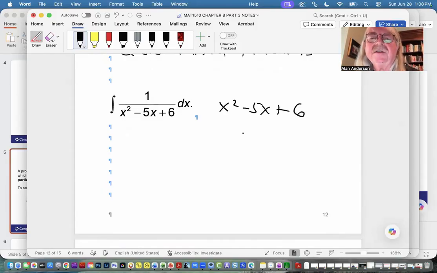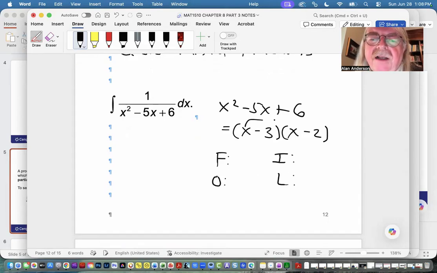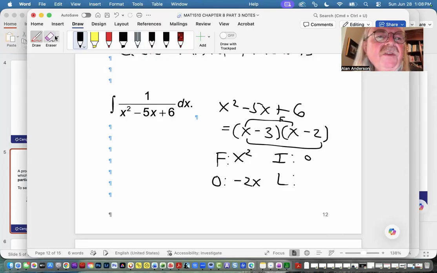Okay, so now something like this, you might have noticed, if you look at it carefully, this can be factored into x minus 3 times x minus 2. How do you know that that's correct? Because if you multiply this out with FOIL, let's see what happens. Here's our F, O. Actually, let me move that.